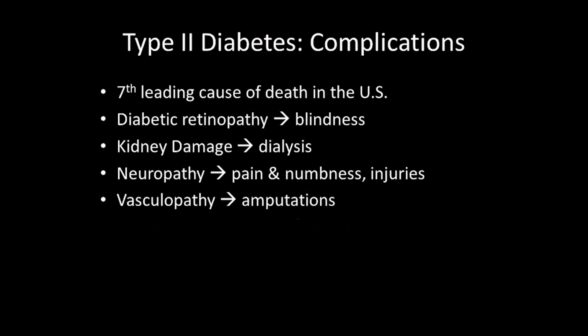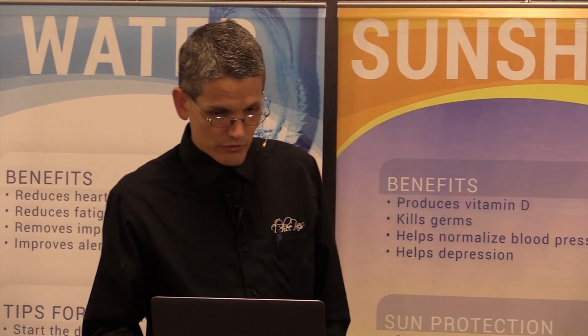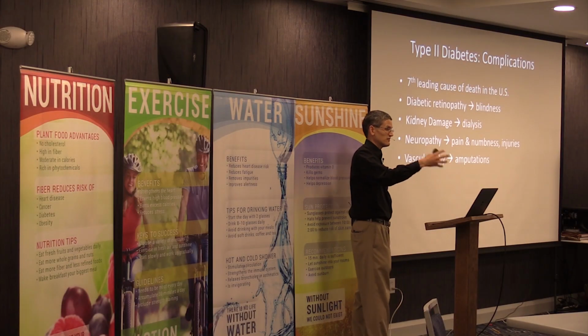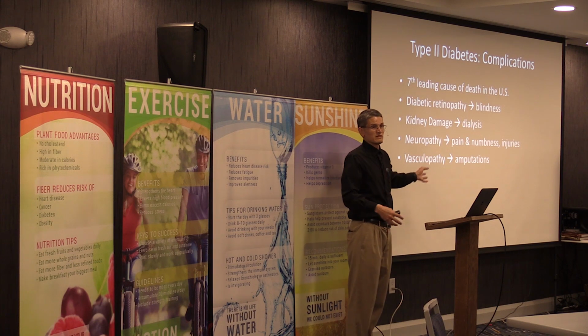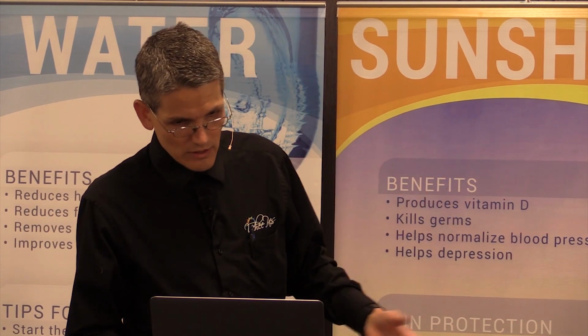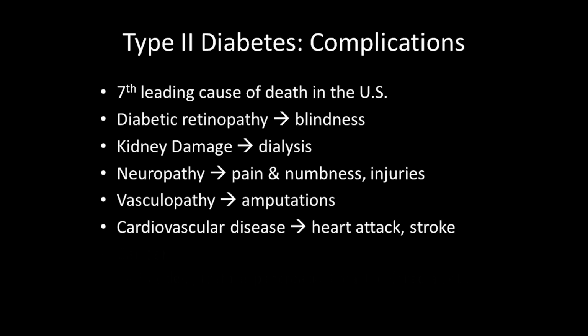That can be bad, especially when you have vasculopathy going along with that, which means the blood vessels are messed up and they're not working the way they're supposed to. Then you don't have the blood supply to supply all the things that you need, and the tissue gets damaged, you have poor wound healing, you end up with amputations, and yes, diabetes is the leading cause of amputations in the United States.